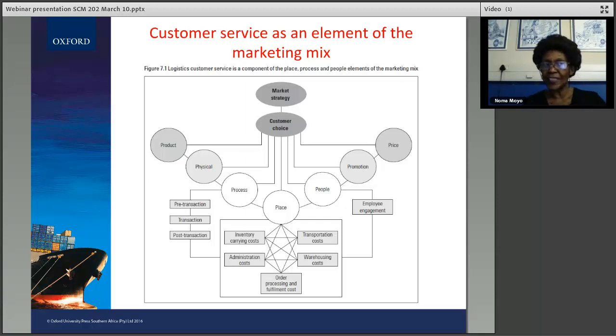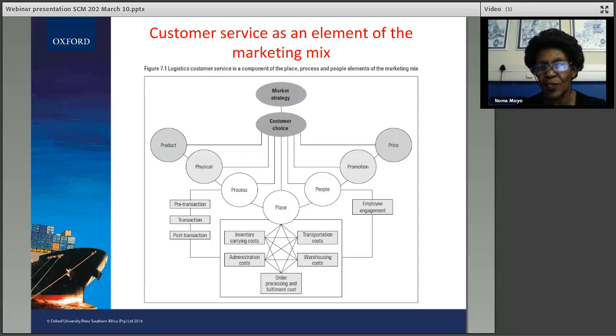Let's look at your 7.1. It shows how logistics customer service is a component of the place, process, and people elements of the marketing mix. For instance, we look at the 7 P's: product, physical, process.